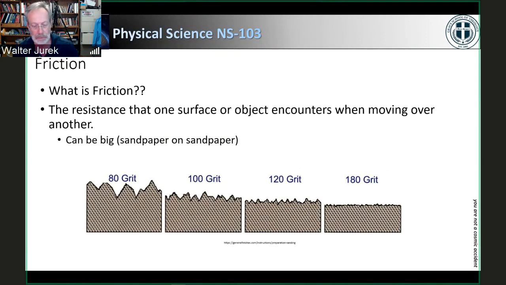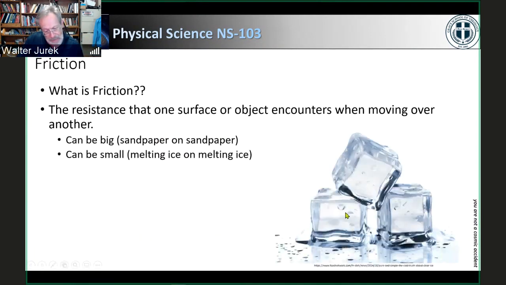That would be a lot of friction. But you can go to the other end of the scale. Think about a melting ice cube sitting on a melting ice cube. There's almost no friction. So it's all a function of how much the bumpies on each surface are interacting. That's where friction comes from.